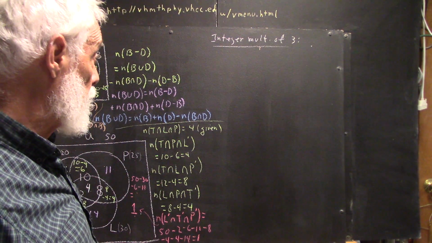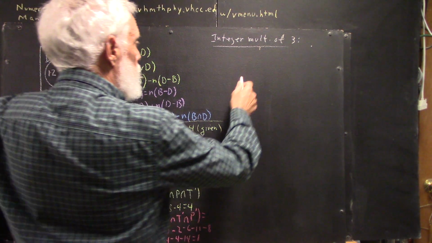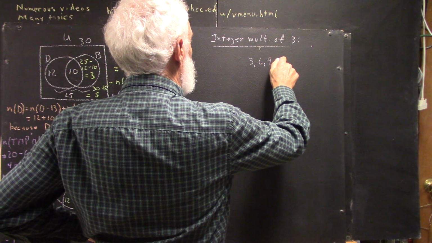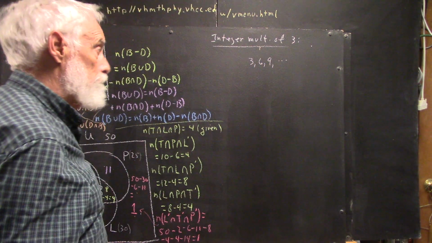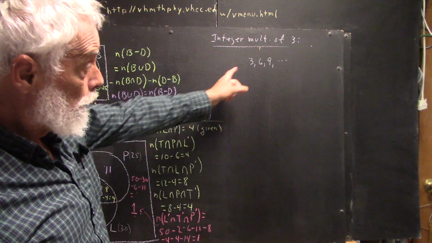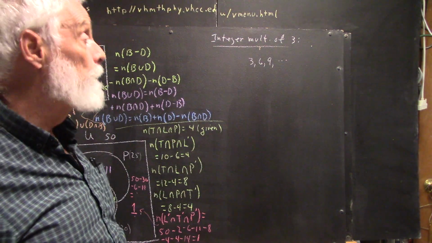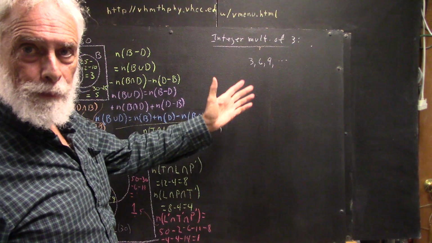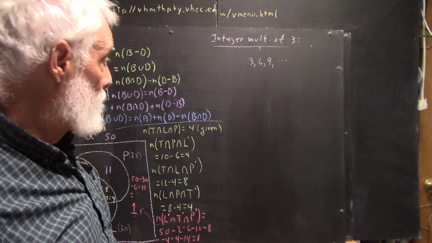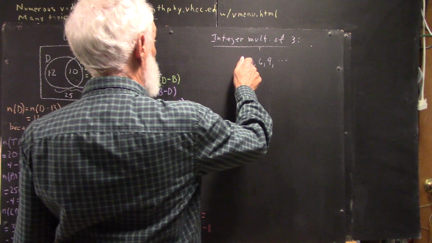I'm just going to start listing integer multiples of 3. And most people will say, okay, 3, 6, 9, and so forth. That's not all the integer multiples of 3. Those are the integer multiples of 3 that you're used to, since you use them to determine which problems to do for homework. But 0 is an integer multiple of 3.